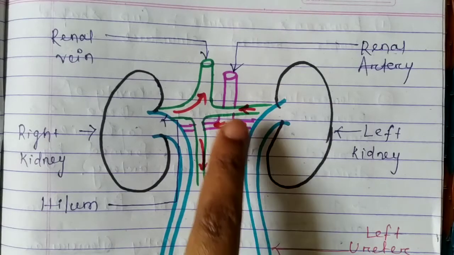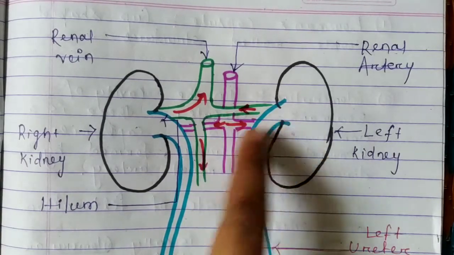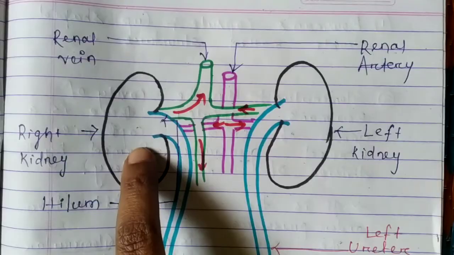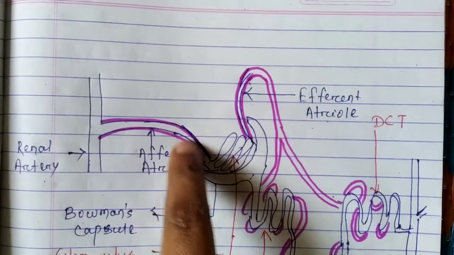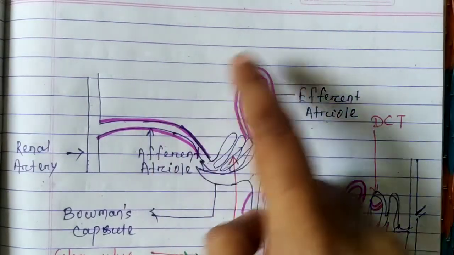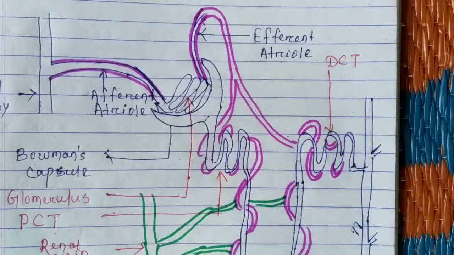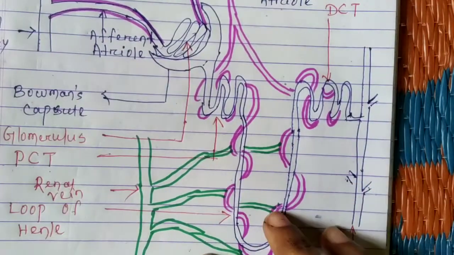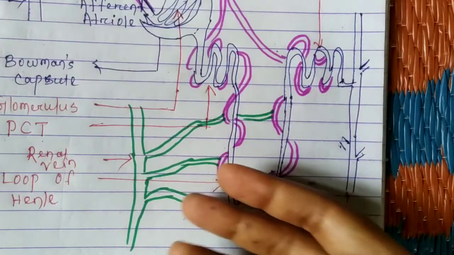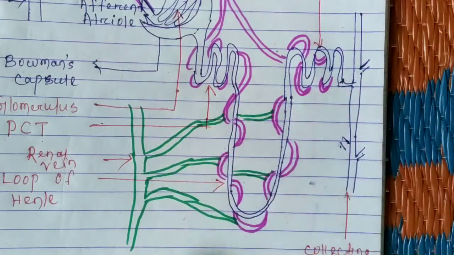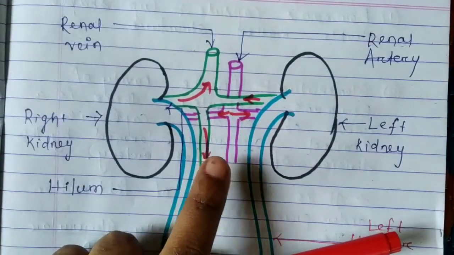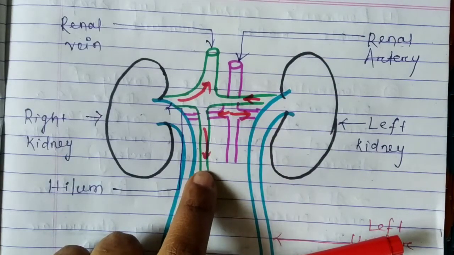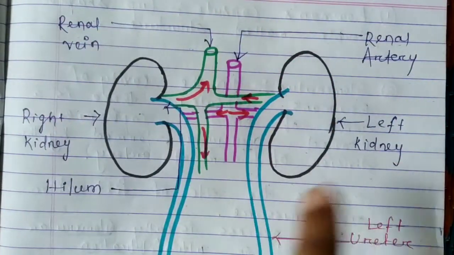The renal artery goes into both kidneys and is divided into arterioles, forming the afferent arteriole like this. And again the capillaries or venules are joined together to form the renal vein, which collects the carbon dioxide rich blood. Renal is related to the kidney.